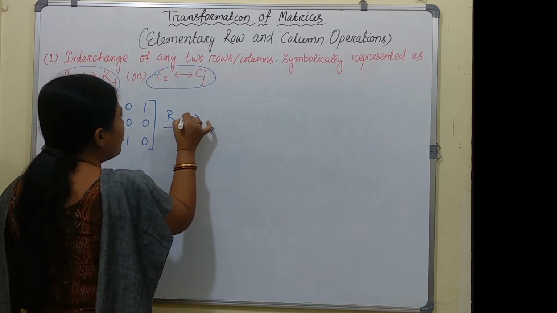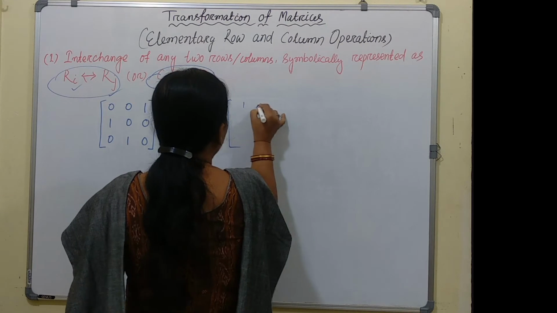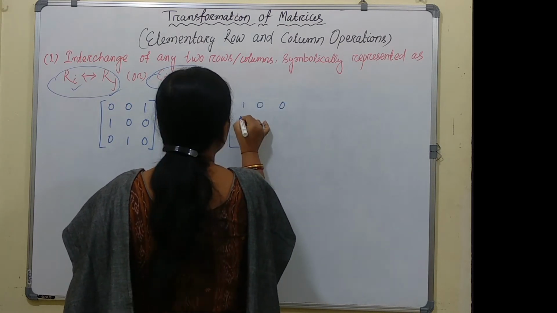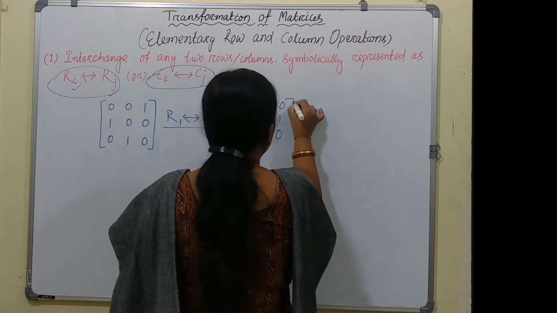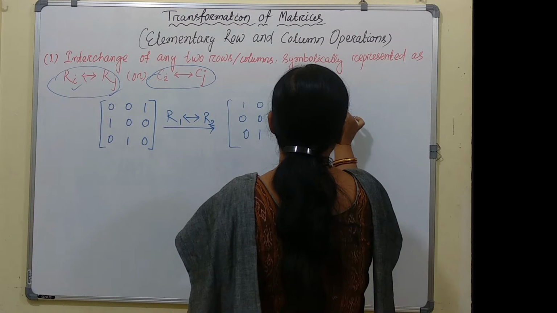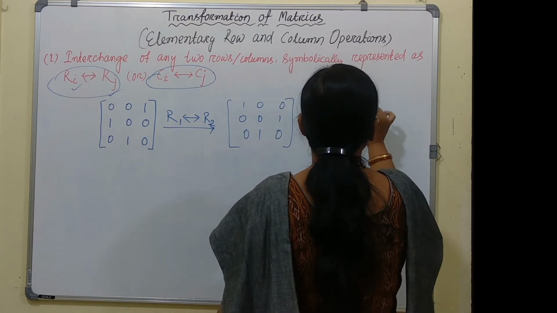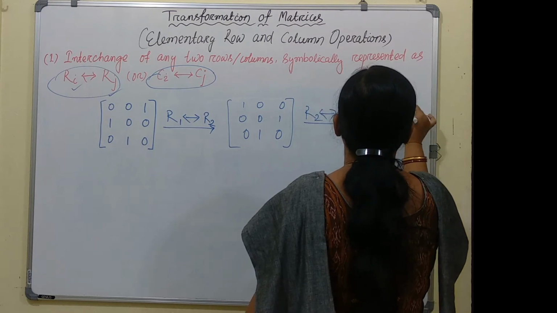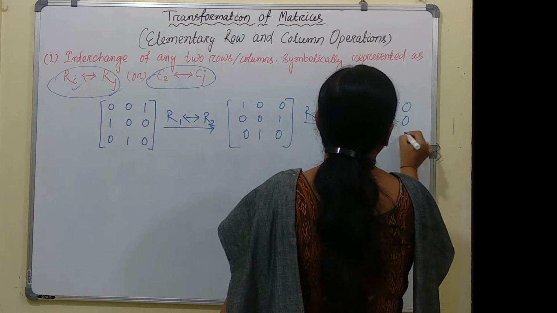Here we get 1 0 0, 0 0 1, 0 1 0. Now interchange row 2 with row 3. Here we get 1 0 0, 0 1 0, 0 0 1.